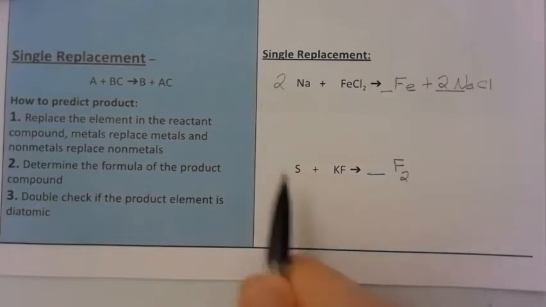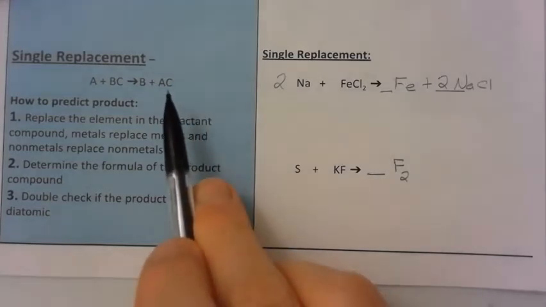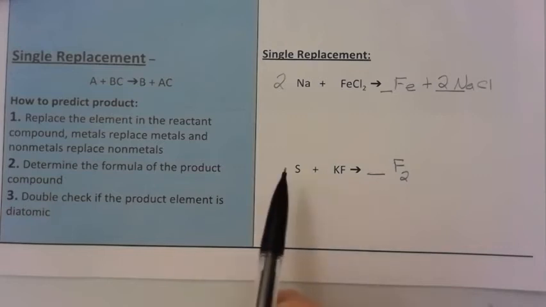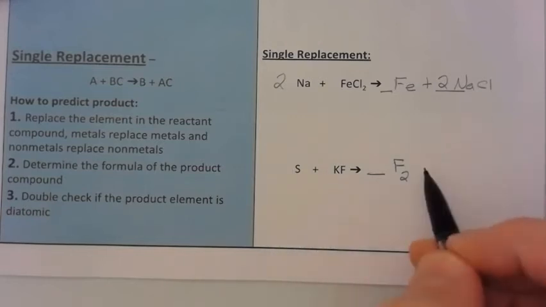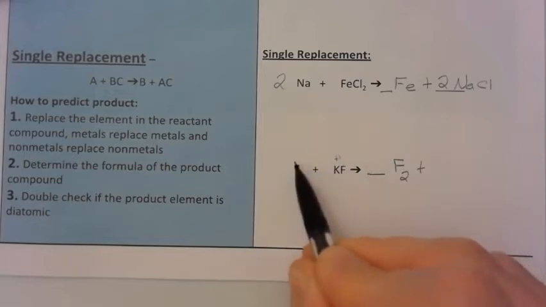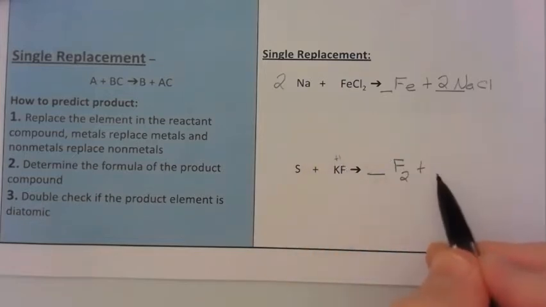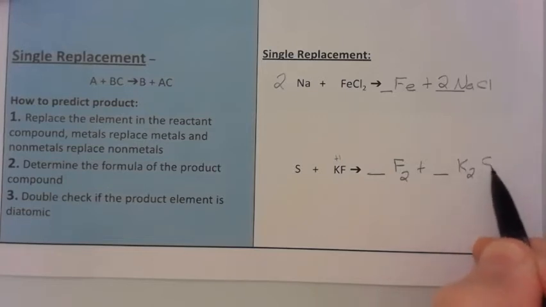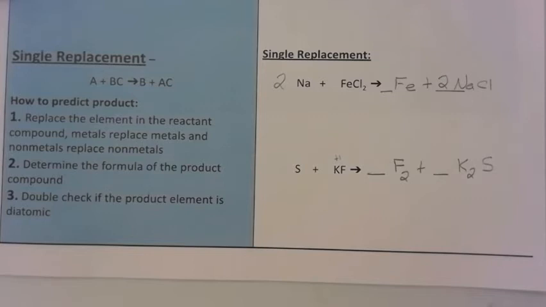And then the other compound that gets produced in a single replacement reaction is now going to be potassium reacting with a negative sulfur ion. And if potassium is a +1 and sulfur is a -2, then this is actually going to form the compound K2S. Right?